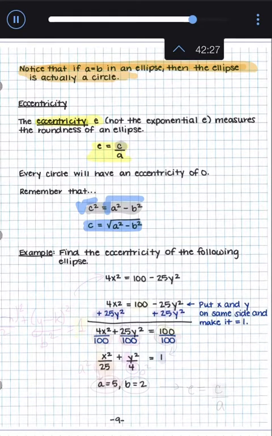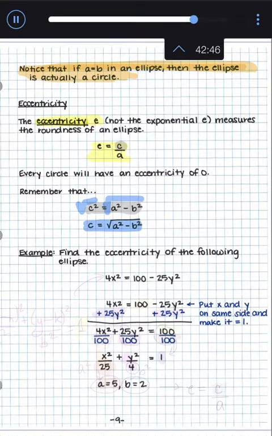So what we can do is, given an ellipse, it doesn't even need to be in standard form, we can find what's called its eccentricity by finding C over A. But in order to find C over A, it needs to be in standard form. It's a whole lot easier.